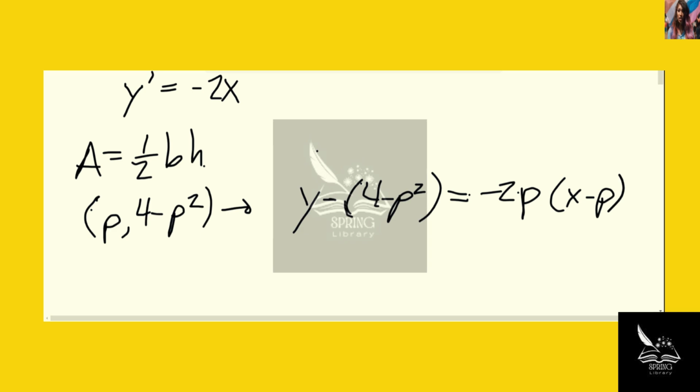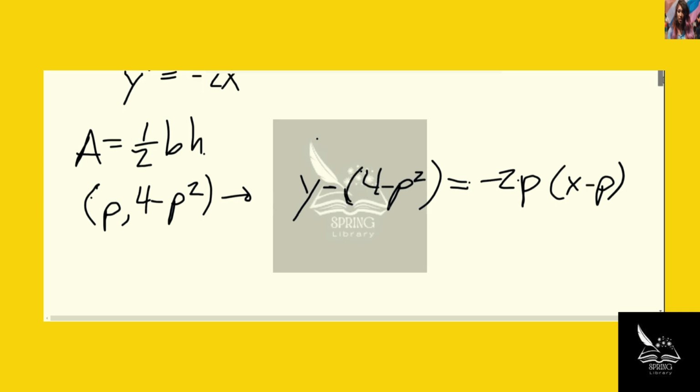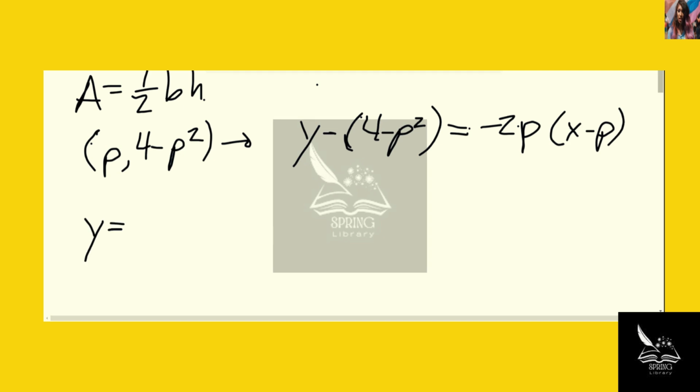So solving for y, we get y equals negative 2px plus p squared plus 4.